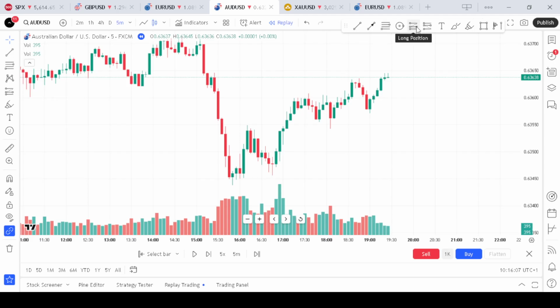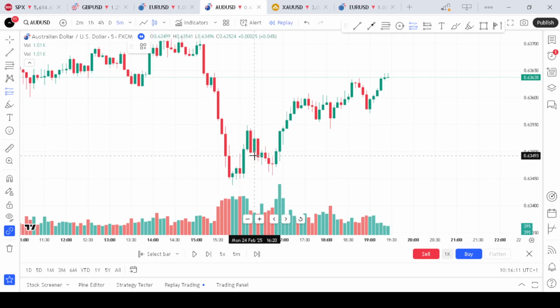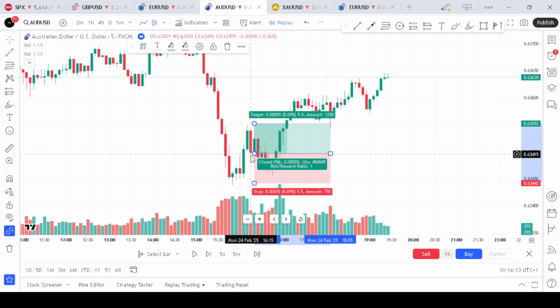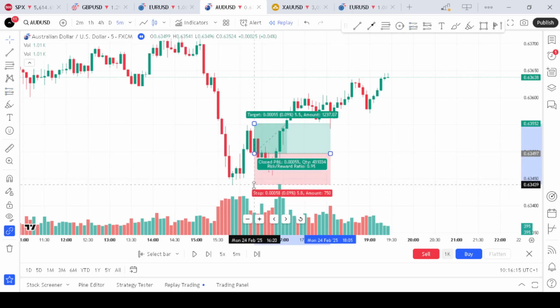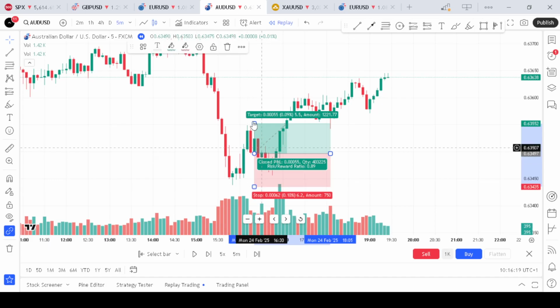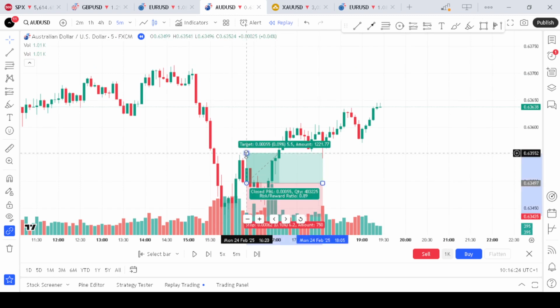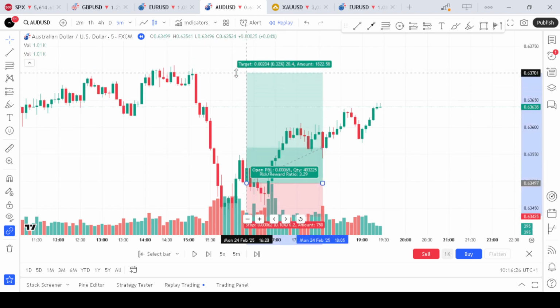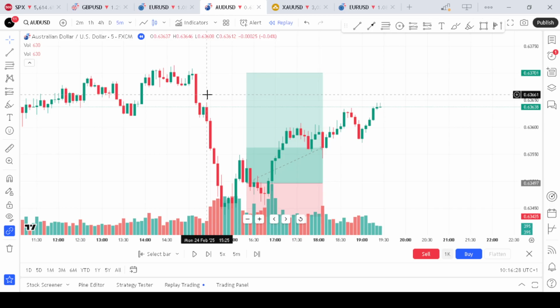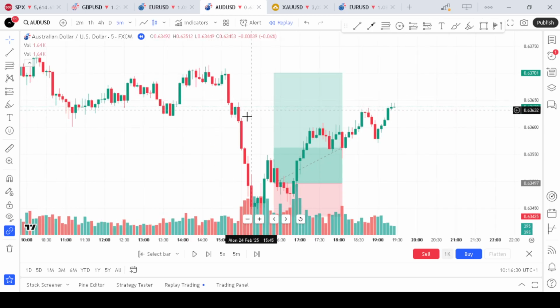So you can wait for a retest, and when price pulls back to that area to retest, you can enter your position there. Remember, your stop loss should be placed below the entire pattern area. Your take profit can be set at the next resistance point in the market, and this is how you can capitalize on your trading opportunity.